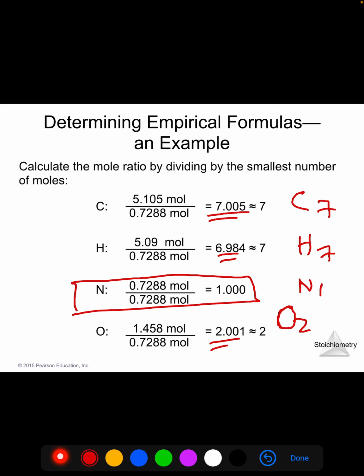So, do you see where our compound would have the formula C7H7O2? And that's our empirical formula.